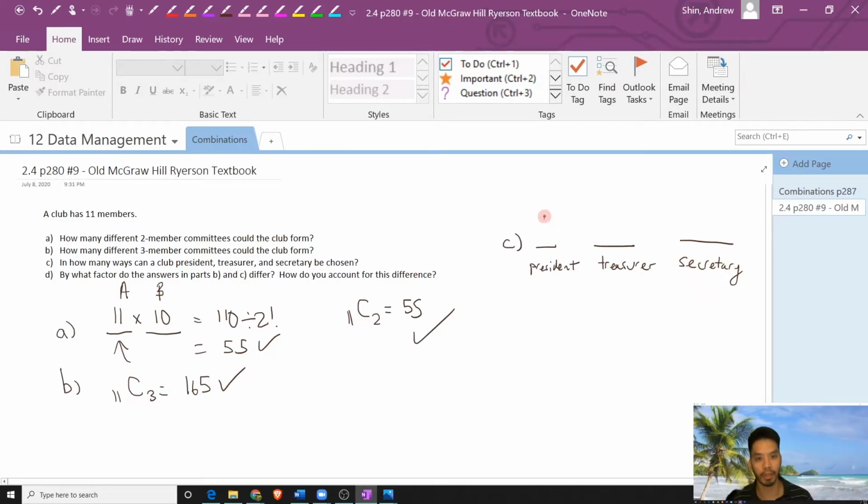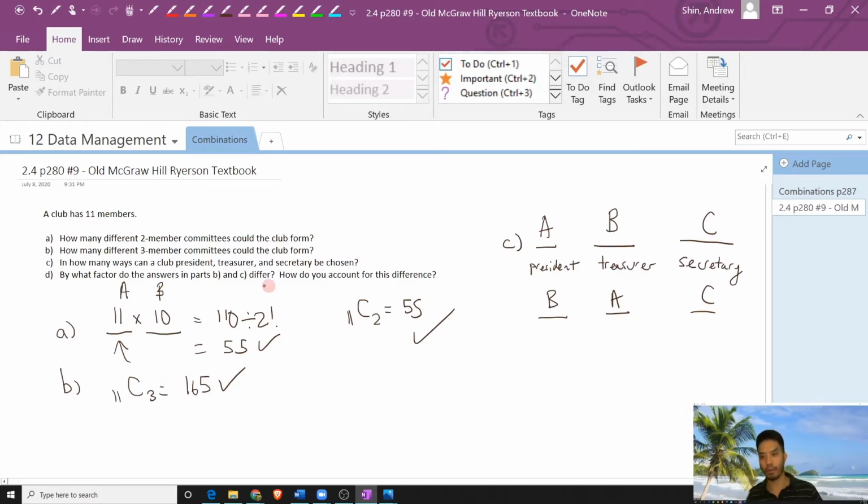If I have ABC for president, treasurer, and secretary, that's going to be different from BAC, because Brenda is now president, Albert is now treasurer, and C is still secretary.